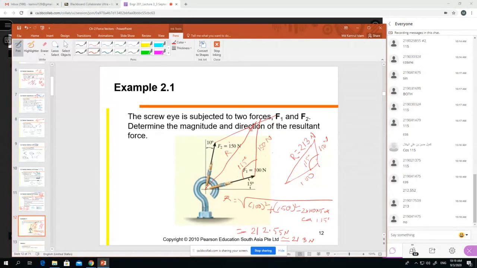Yeah, doctor, why do we choose the angle 115? Okay, you need to go to the previous classes.